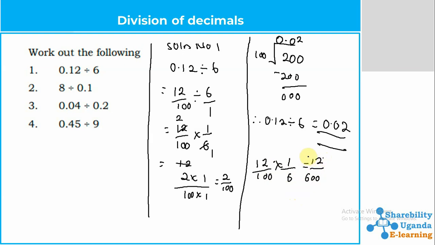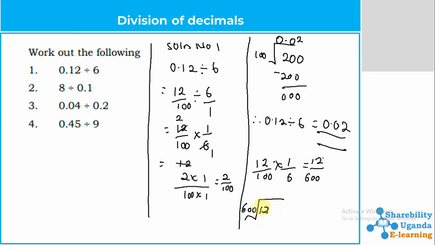You can also look out for a factor that can divide this. Can we try a 6? Now you can even say when you divide 12 by 600, we shall still get the same answer.